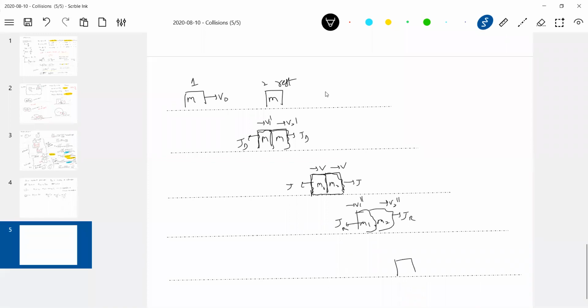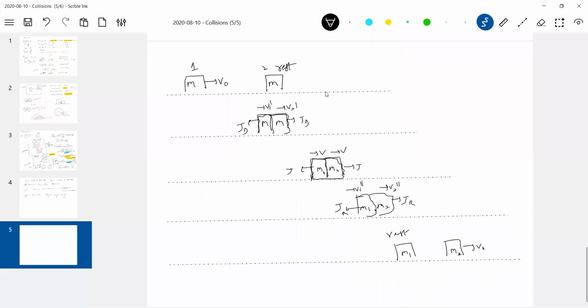Finally, this will come to rest and this will be moving with the same speed. So here the kinetic energy will be minimum. The deformation energy, I'll write ED, will be maximum. What is ED? Deformation energy, or potential energy.